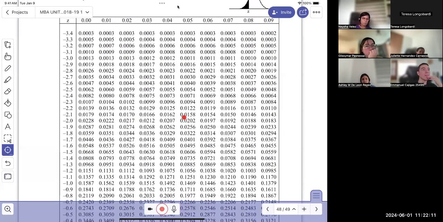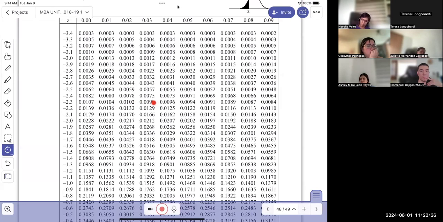Okay, smaller, smaller, smaller. So between here and here, very good. 1% is on the left of negative 2.33. We'll go to the closest one.